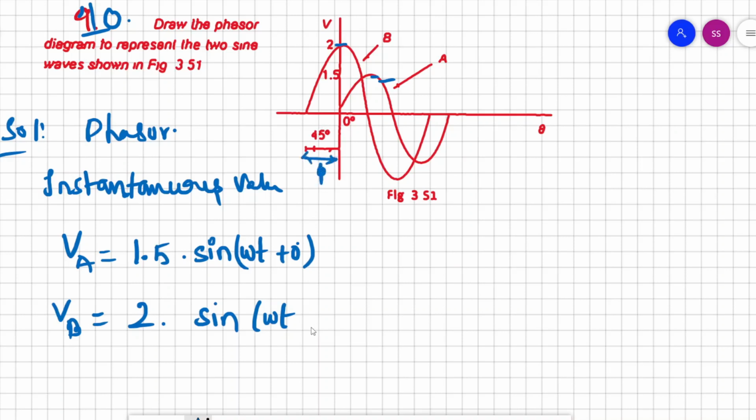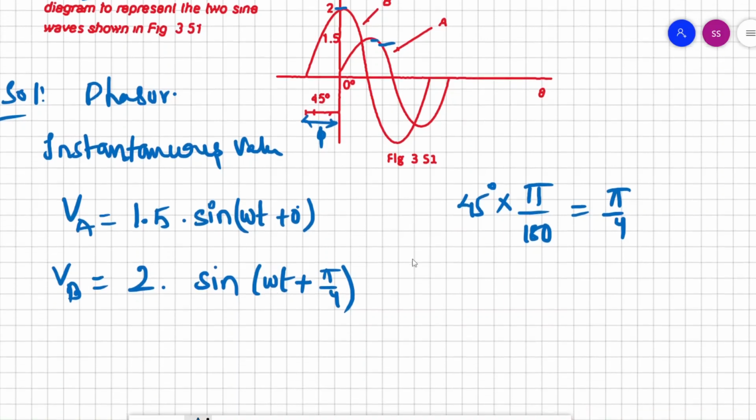That is 45 degrees. 45 degrees, if you convert it into radians, that is pi by 180 times 45, which is pi by 4, right? So the two sinusoidal waveforms are 1.5 sine omega t plus 0 and 2 sine omega t plus pi by 4.